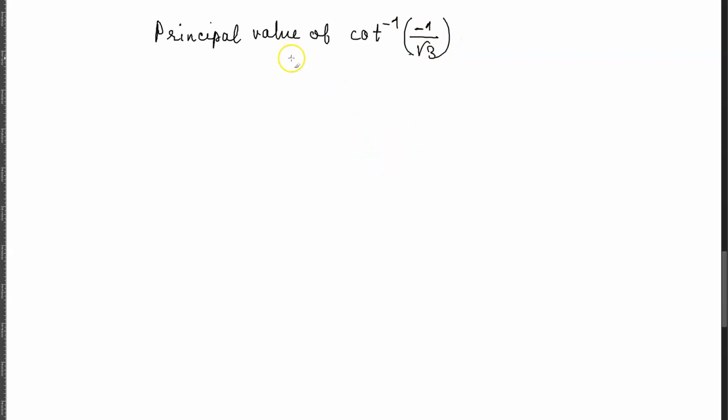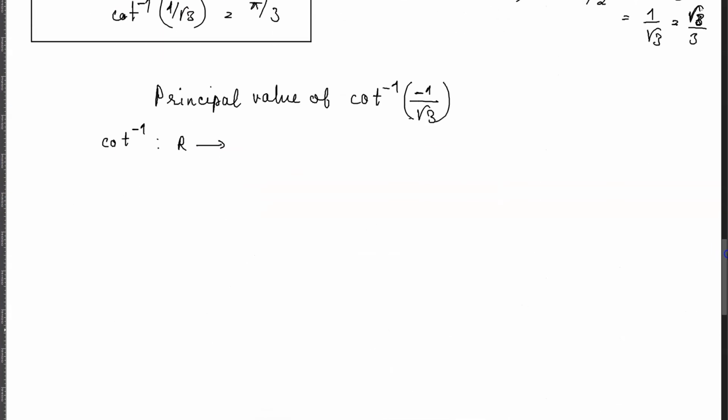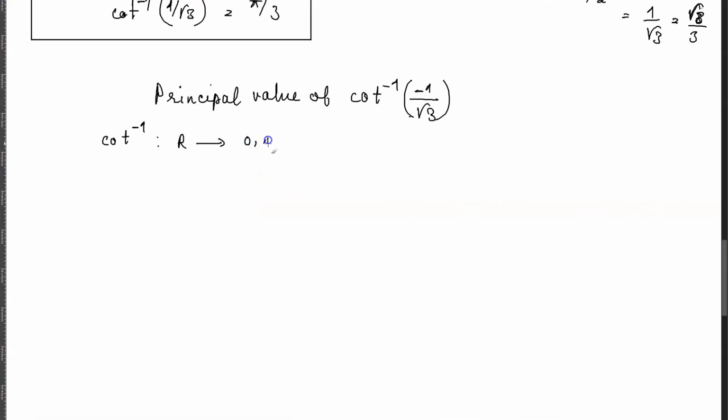Now in order to answer this question, again, the Cot inverse function, the domain and range, we said that the domain is the set of real numbers, and the range is basically 0 to pi.